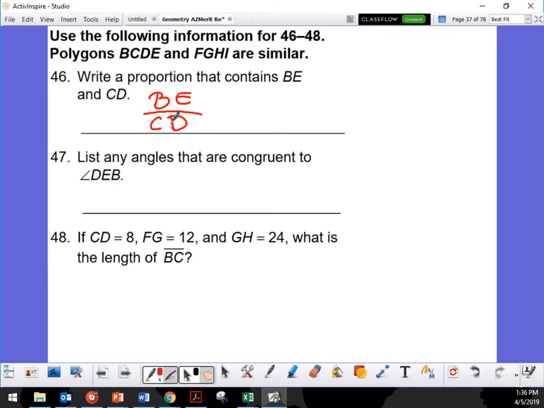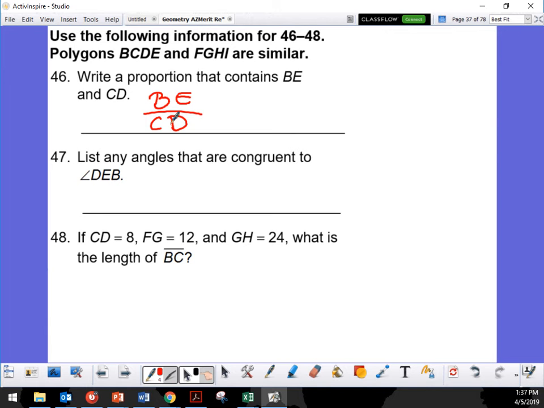It doesn't say which one is my image and which one is the pre-image. It just says that they're similar. Those two go together, don't they? Why is this in geometry? Because you need to understand the ratio, the scale factor on this. Because we're just going to compare them.